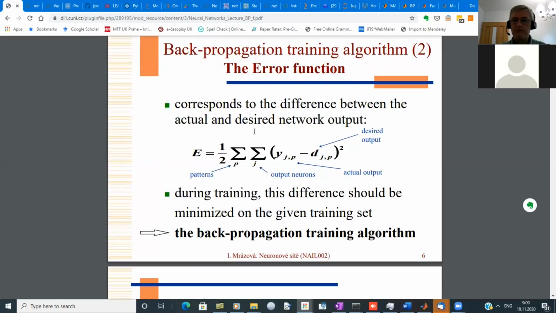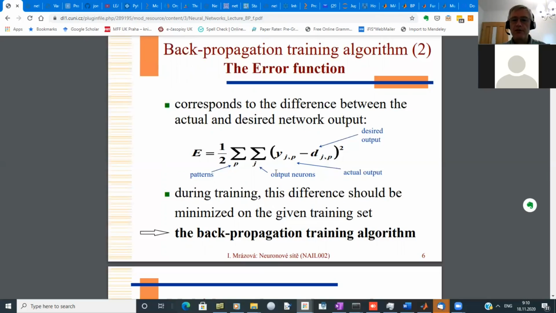So we have some training samples, and for the training samples we know the desired output, and at the output layer we obtain some output, and we can compare all outputs on all training samples with the actual output, and we can compute some error function.